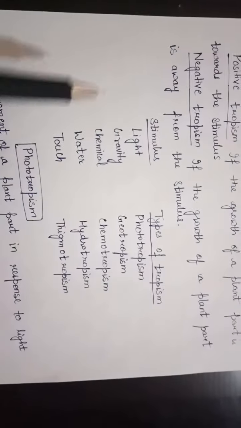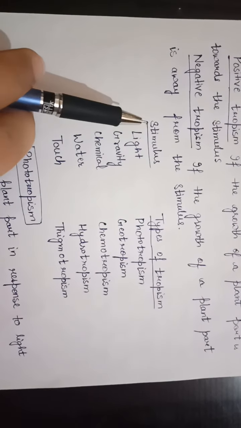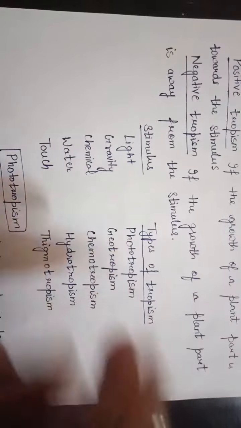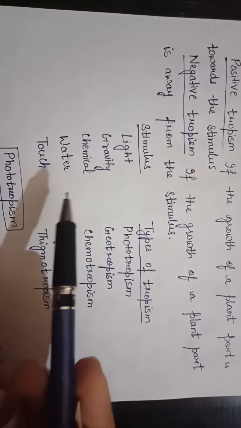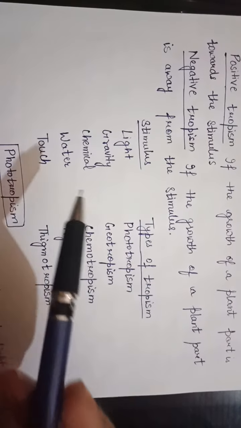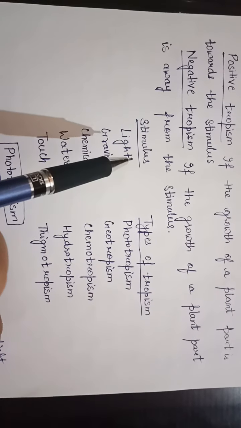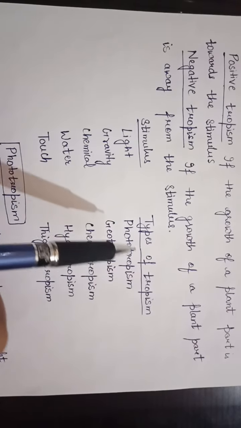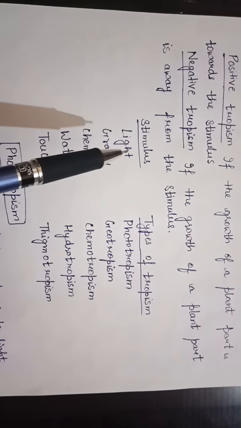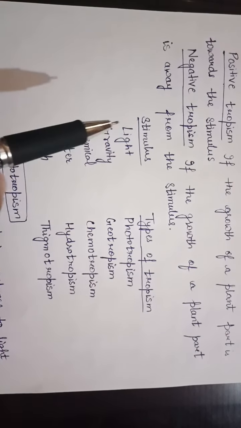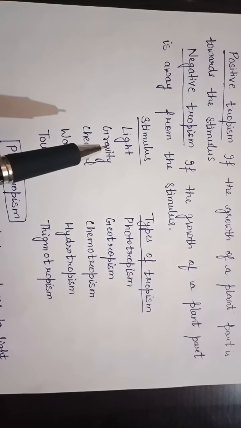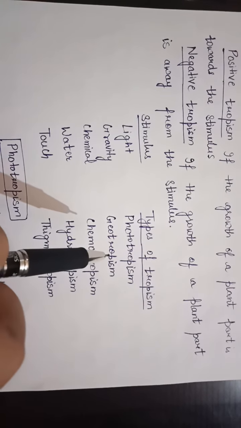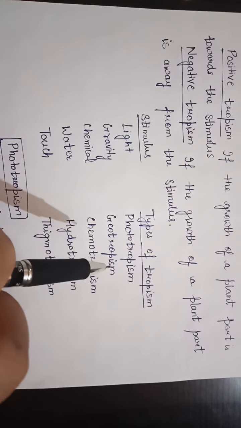Now next, some common stimuli are light, gravity, chemical, water, and touch. If the stimulus is light, then the type of tropism is phototropism. If the stimulus is gravity, then the tropic movement shown by the plants is geotropism.